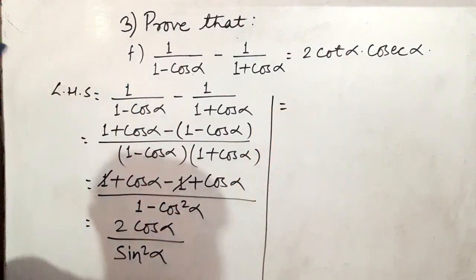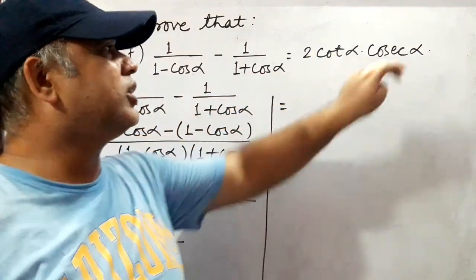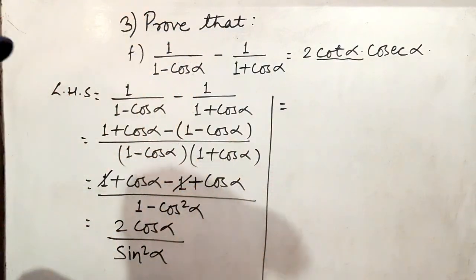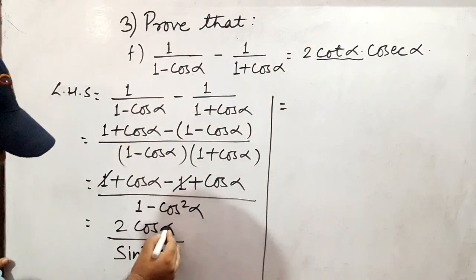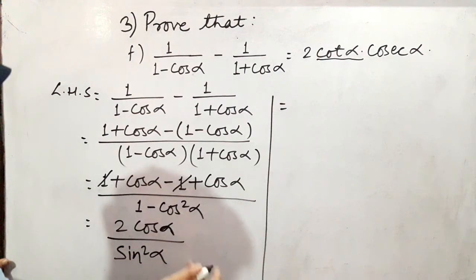equals, now let's see on the right hand side, we have 2 cot alpha into cosec alpha. As we know, cot alpha is equal to cos alpha by sin alpha. I have here cos alpha and I need sin alpha in the denominator. So I can break this sin square alpha into 2 parts, that is sin alpha into sin alpha.